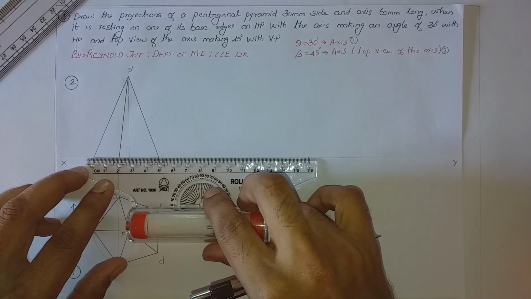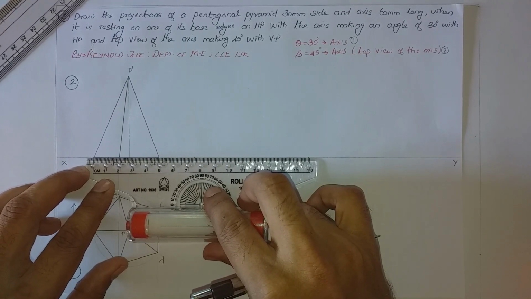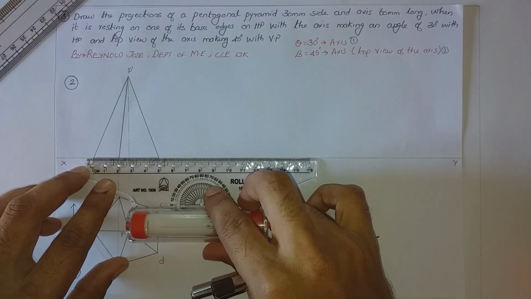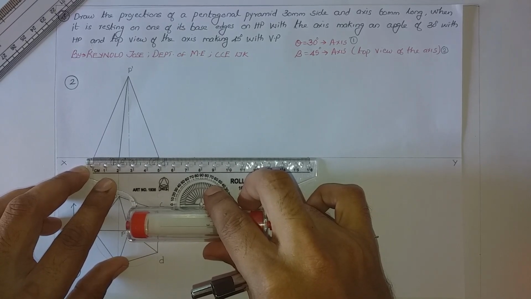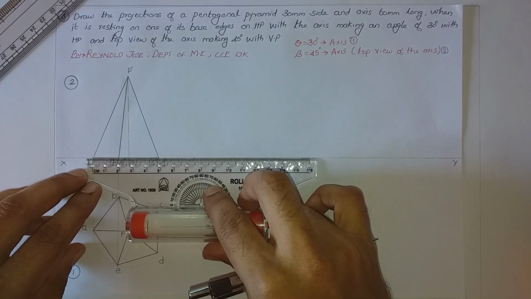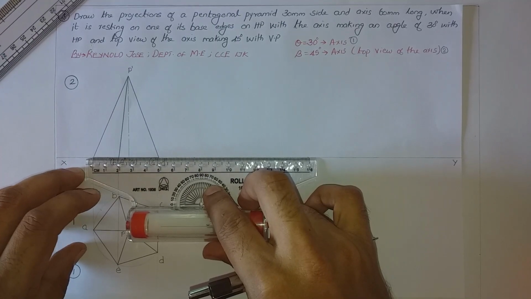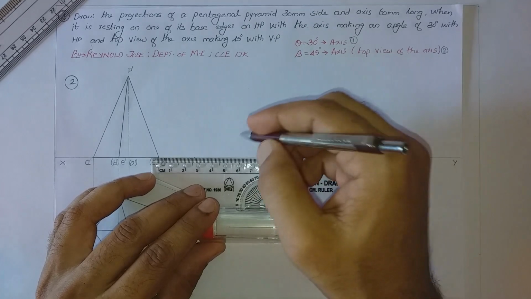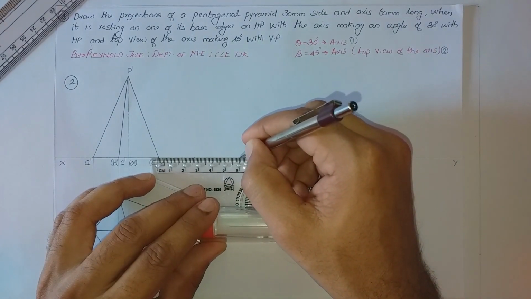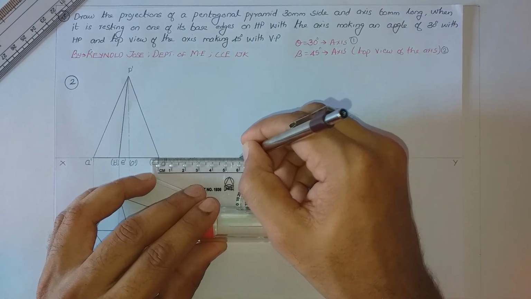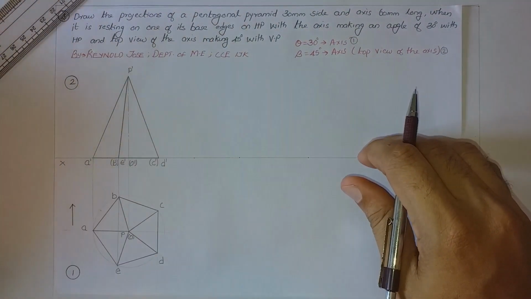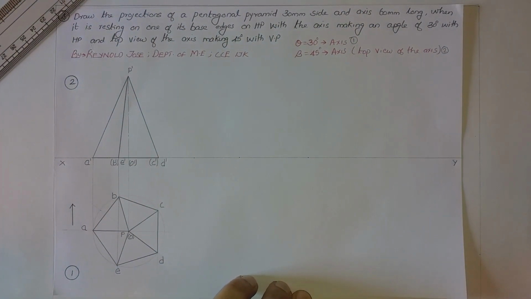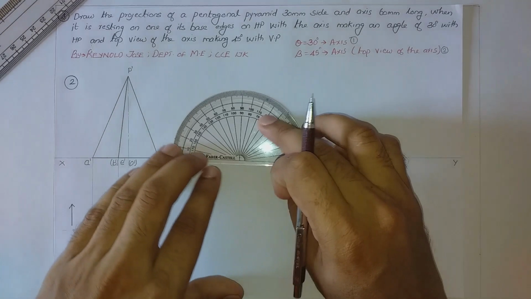It is again approximately some 48. So here we shall take some 58 from this previous diagram, approximately 58 or 60. From this point we shall take an angle of 60 degrees.